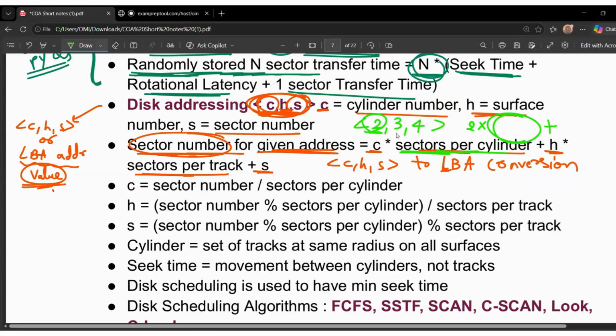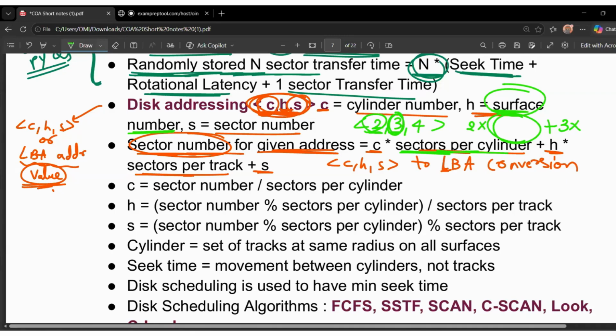At the particular cylinder, now we will see which surface, right? H means surface number. So three surfaces in one cylinder, three surfaces to pass, right?